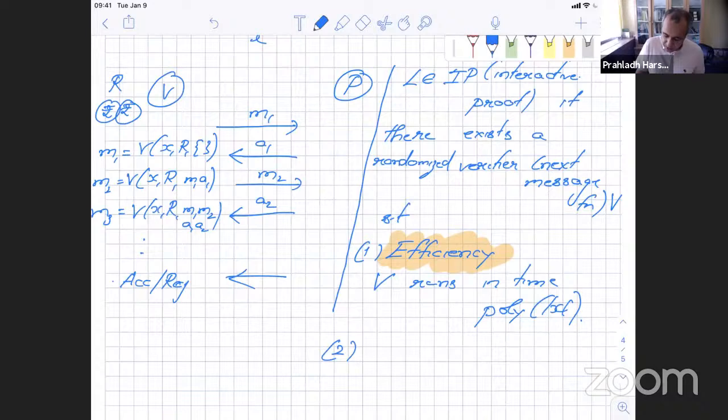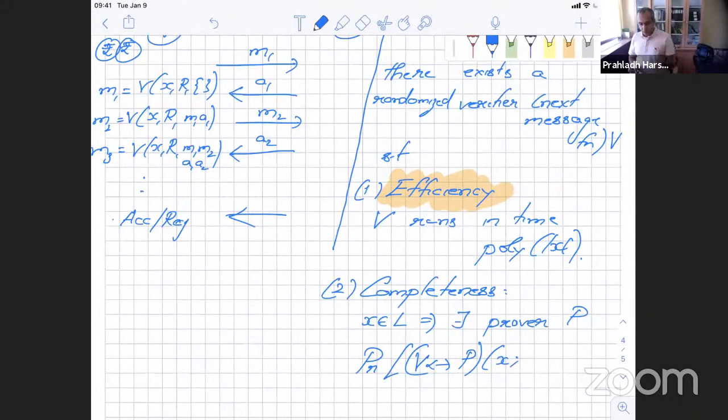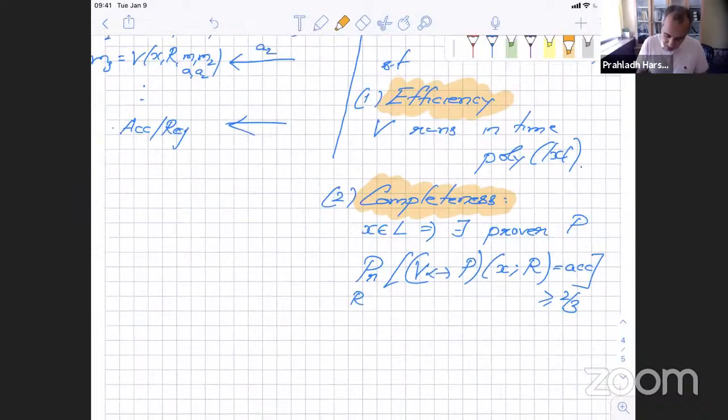Two, completeness. For every X in the language, there exists a prover P such that when this verifier next message function interacts with the prover on the input X and randomness R, where the randomness is only over R, it will accept with probability greater than, say, 2/3. And three, soundness.